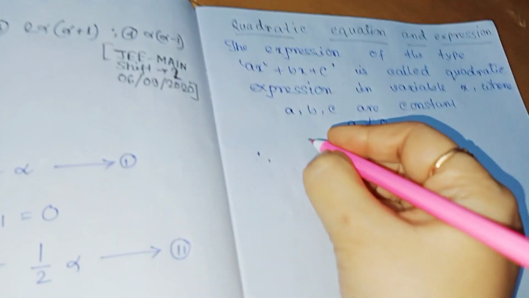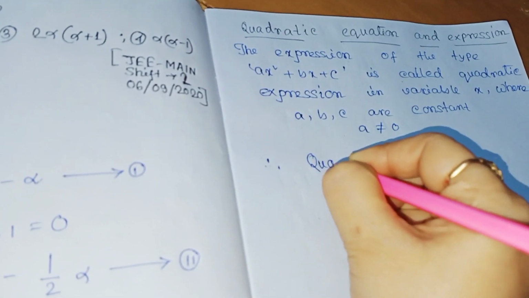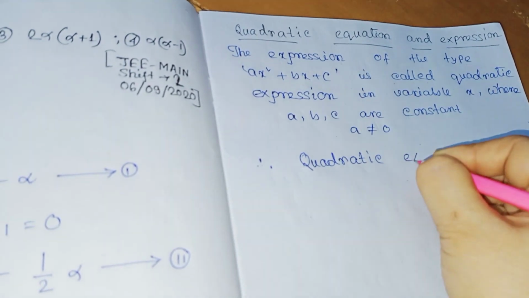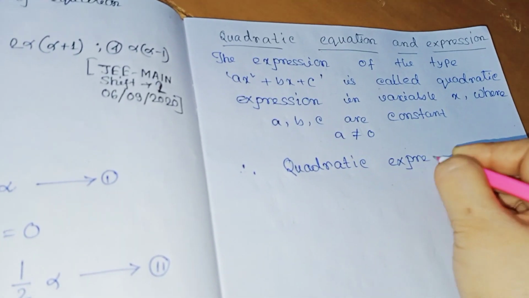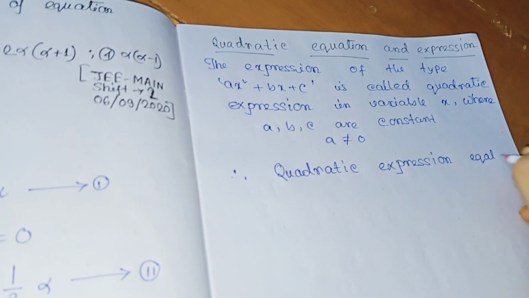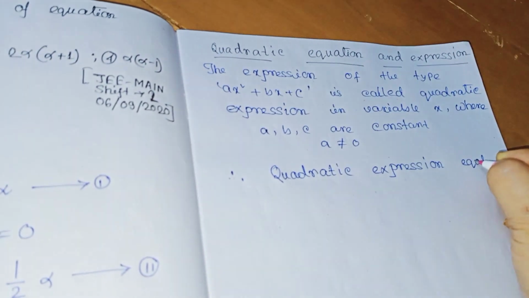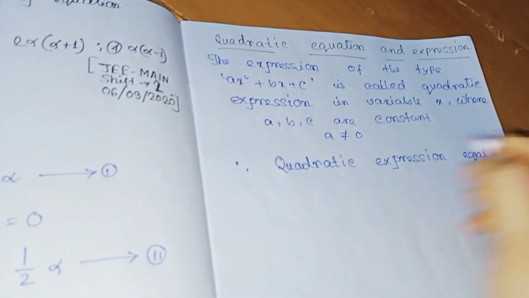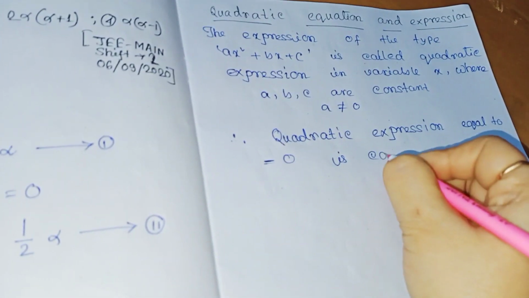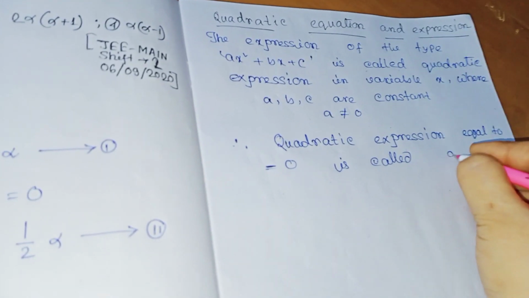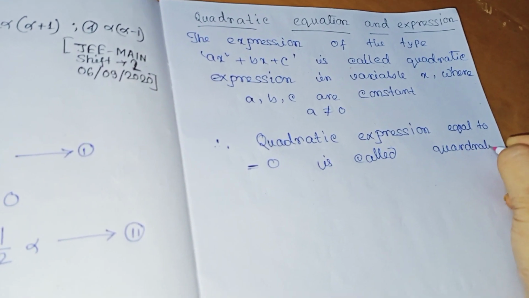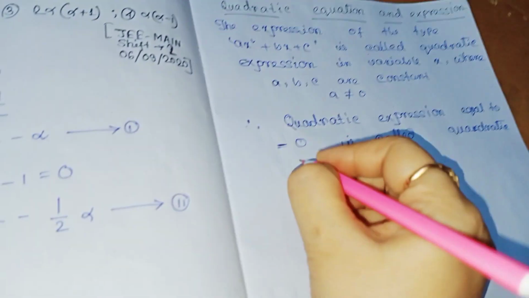So a quadratic expression equal to 0 is called a quadratic equation.